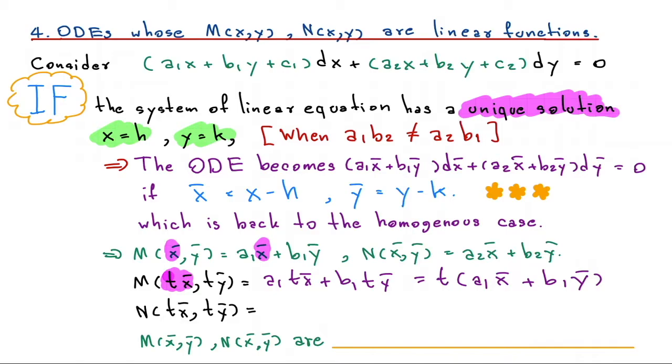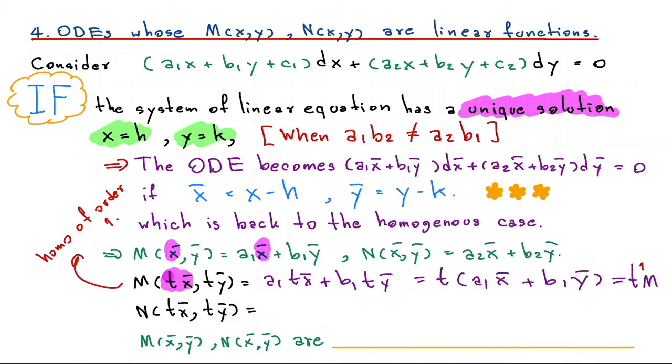So this is actually t of M, isn't it? So it means that M is homogeneous of order 1, because it's t to the power of 1.